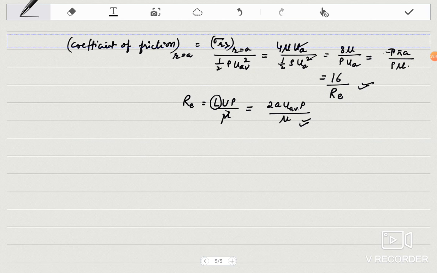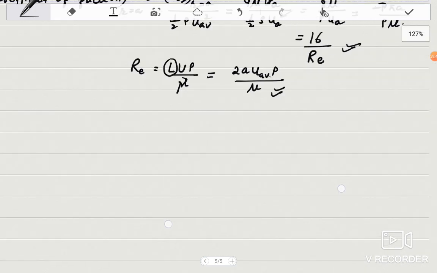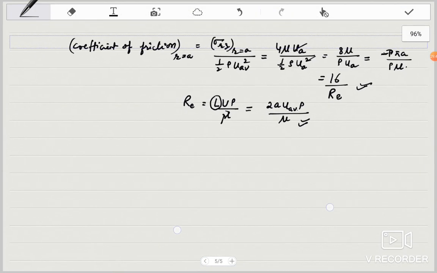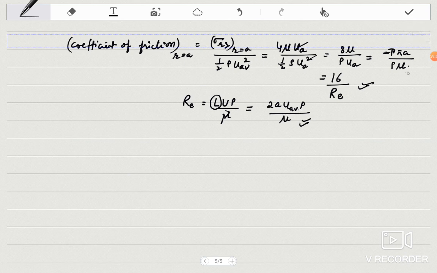So this is the value in terms of all values put in of U average and all that. You may find its value in terms of pressure and viscosity. You may find its value in terms of Reynolds number, where Reynolds number is also calculated by putting the value of U average. So in this way you get all the properties.